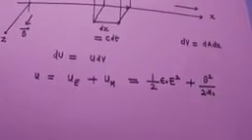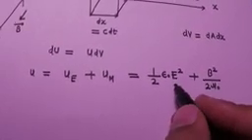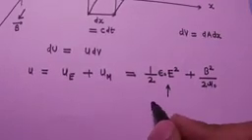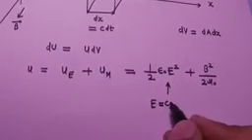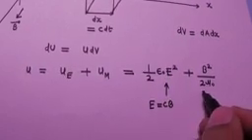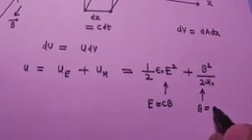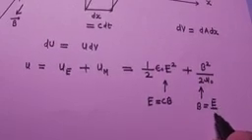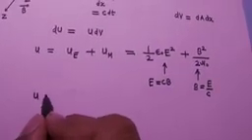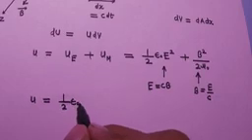Now we play a small trick here. We can replace E with CB in the first term, and in the second term we will replace B with E by C. So the total energy density u becomes half epsilon naught.